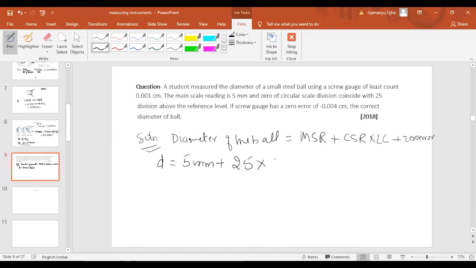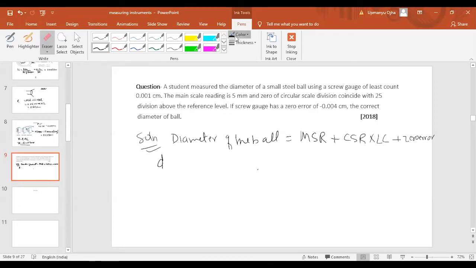If we convert to millimeter, it will be 0.01 millimeter. Or we can do it another way: the main scale reading is given in millimeter, so we can write it in centimeter as 0.5 centimeter.